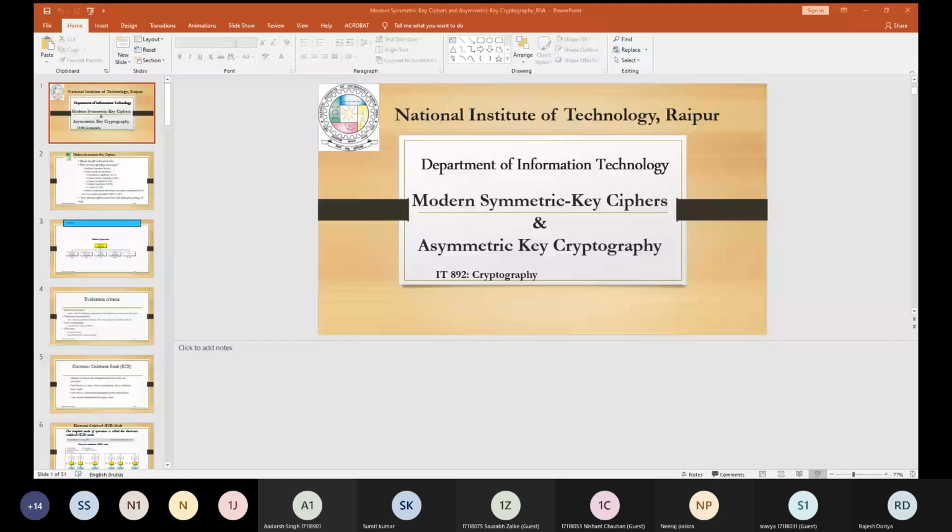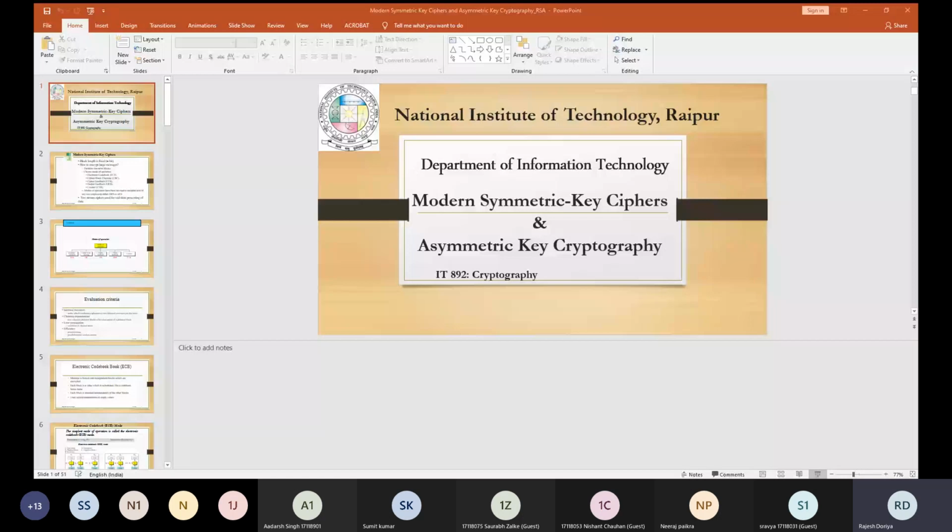Fine. So as we have seen, the block length is fixed, okay, and it may be any n bit. Then how to encrypt large messages? So of course, large messages are going to be chopped into smaller ones, and then each smaller block is going to be encrypted one by one, right?